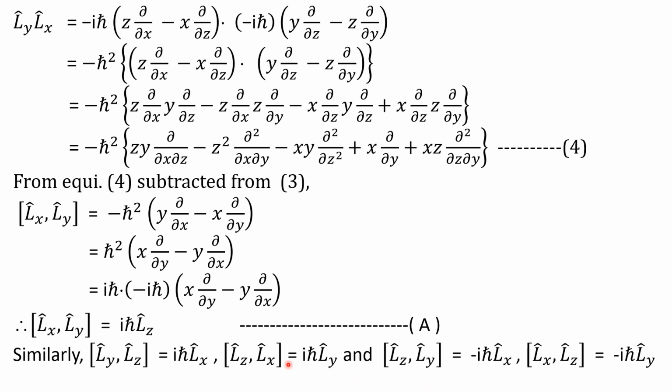Now these are the different commutation relations between the x component, y component, and z component angular momentum operators. Now remember all the commutation brackets and their result: if we change the order of the two operators, the result is negative.